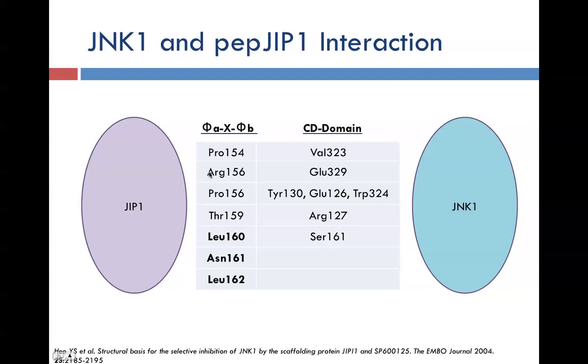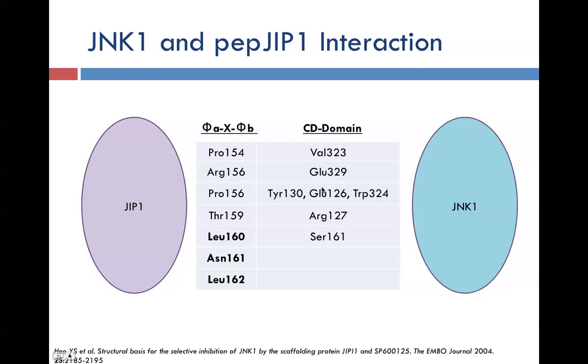We have a leucine, which represents the phi A, the asparagine, which represents the X, and leucine 162, which represents the phi B. These 3 bolded residues are all part of the D motif of JIP1. The D motif of JIP1 binds to the CD domain of JNK1.